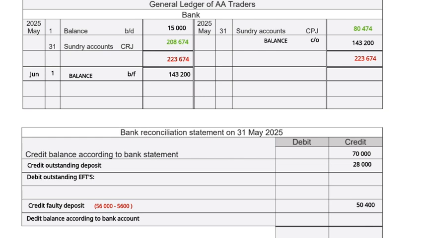So the two that are still outstanding are number 28 and number 29. Number 28 is for 800 and number 29 is for 4,400.